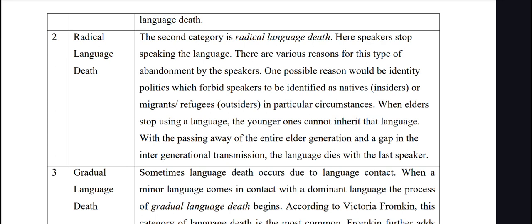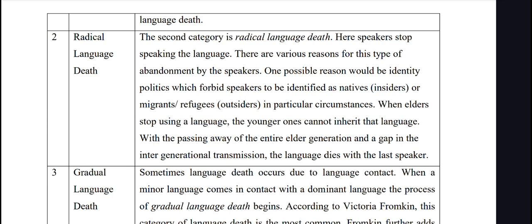Number 2, radical language death. The second category is radical language death, where speakers stop speaking the language. There are various reasons for this type of abandonment by the speakers.